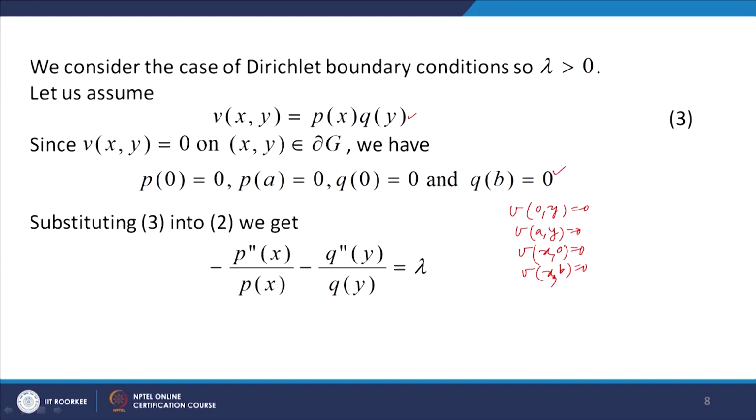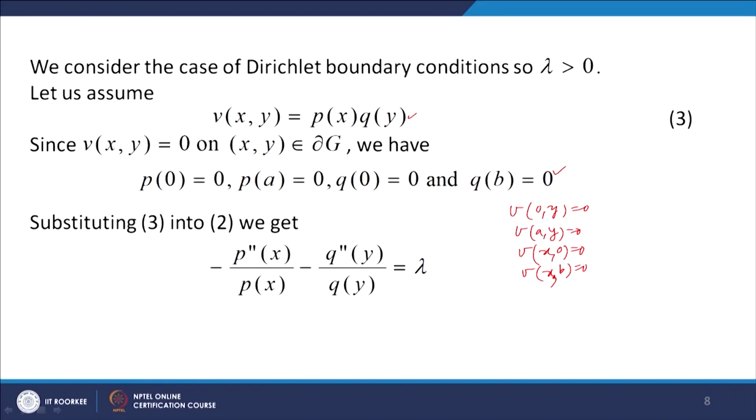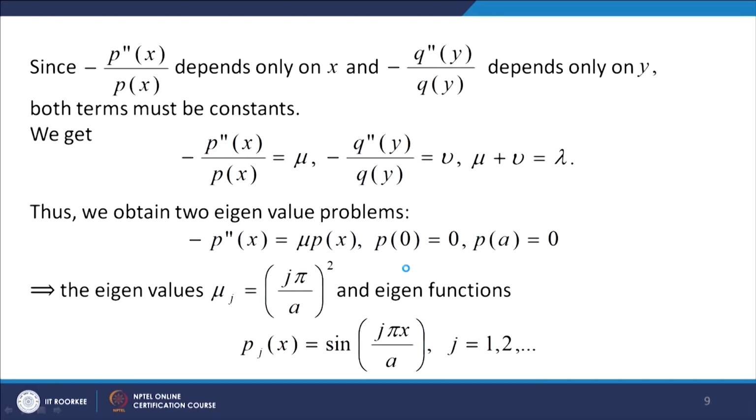Now substituting this v x y equal to p x into q y into equation 2, what we have is this: minus p double dash x over p x minus q double dash y over q y equal to lambda. Now minus p double dash x over p x depends only on x, minus q double dash y over q y depends only on y, so both must be a constant.